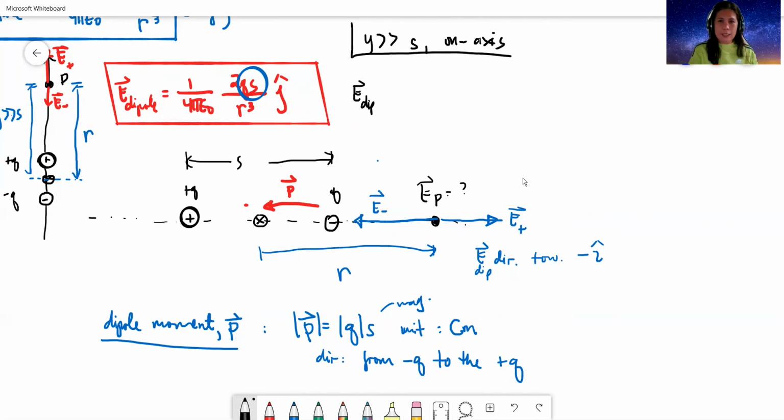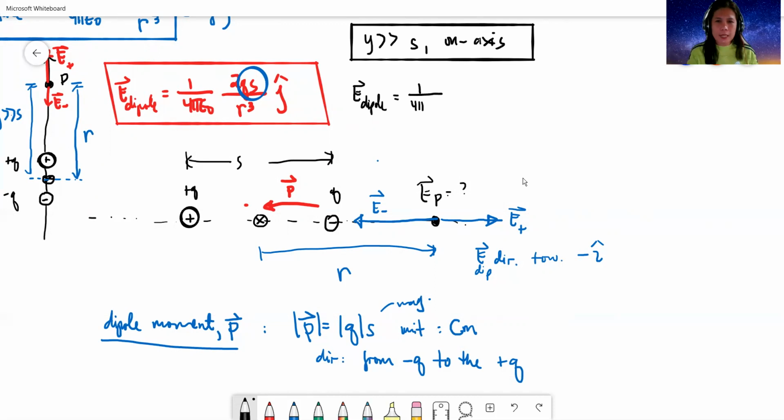If the problem does not say anything about this, then do not ever dare using this equation. Ha? This is only for dipoles, and the point of evaluation is along the axis where y is much greater than s. Sasabihin naman yan. Okay? So the electric field of the dipole becomes 1 over 4 pi epsilon sub naught, and then you have 2 times dipole moment over r cubed.